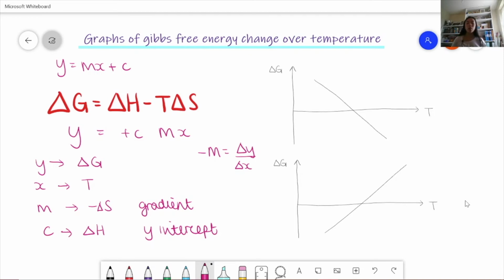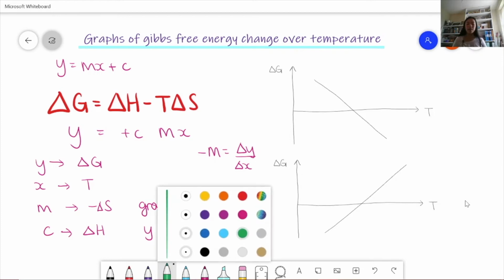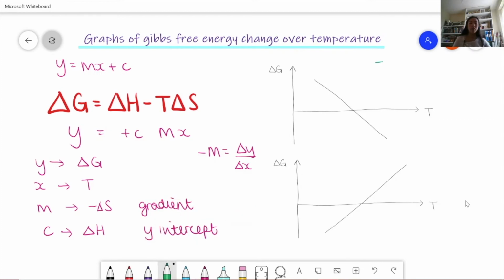So if we worked out the gradient of the line and negated it, then that would give us the entropy change value.